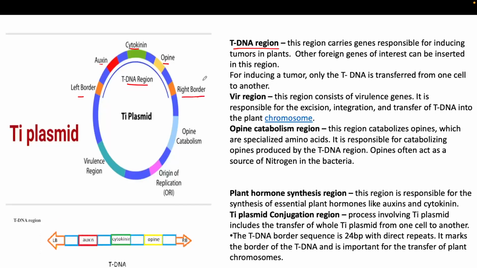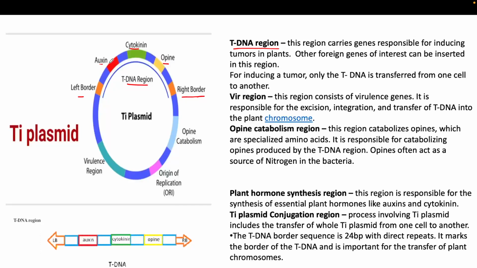When this plasmid is transferred from the bacteria to the plant cell, the auxin and cytokinin genes will be produced in larger amounts.